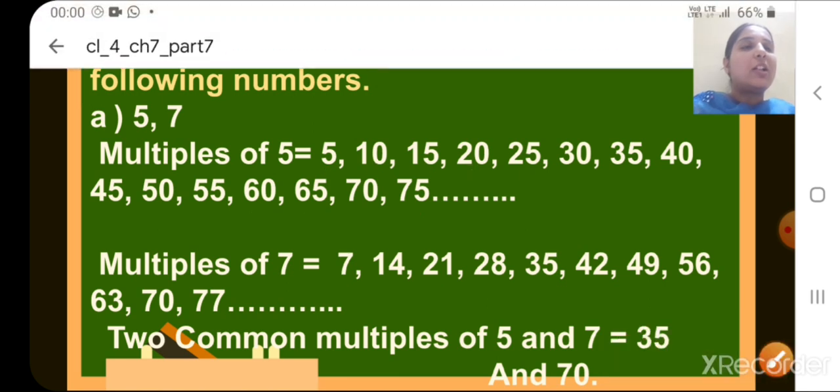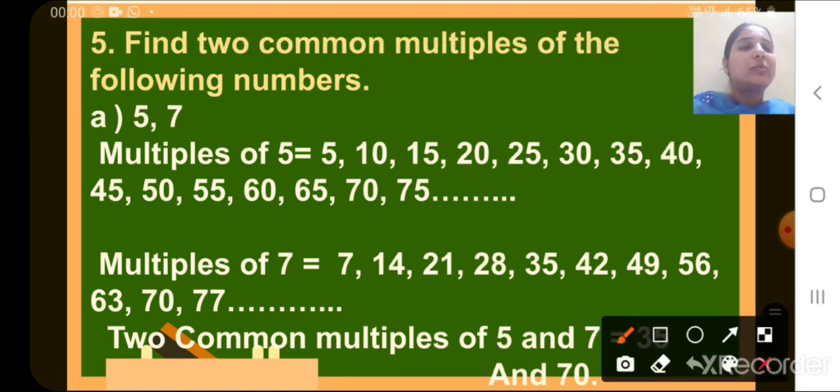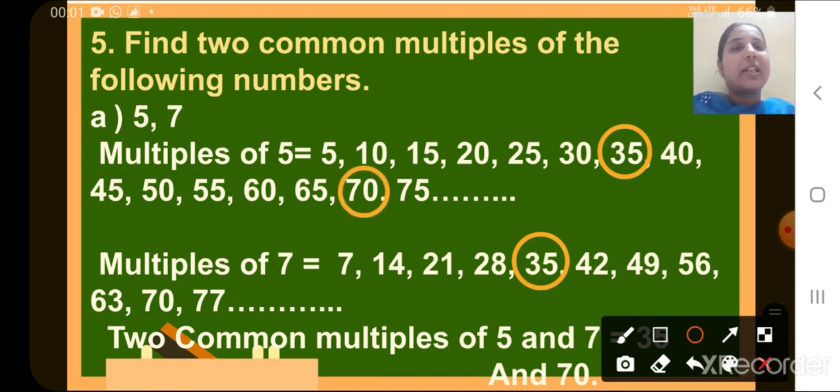So can you find the common multiples here, children? That should be common in both the given numbers, that is 5 and 7. Can you find the common? Yes, the first common multiple in both the numbers is number 35. Okay? And then can you find the next common multiple? Yes, number 70.